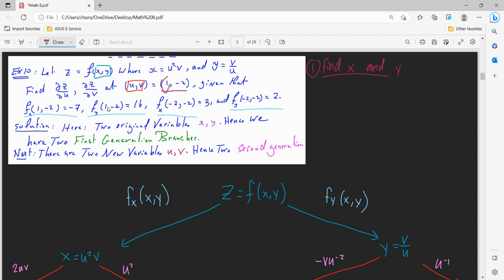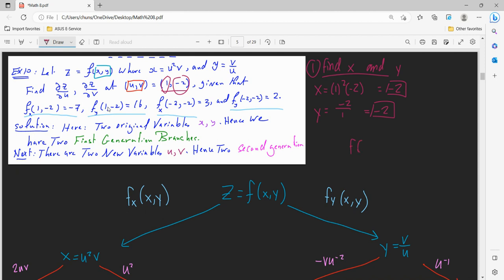So u is equal to 1. So that means x is equal to 1 squared, and times v, which is negative 2. And this is equal to negative 2. And then y is equal to, so we have v, so that's negative 2 over u, which is equal to negative 2 as well.